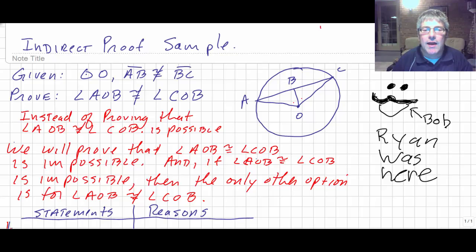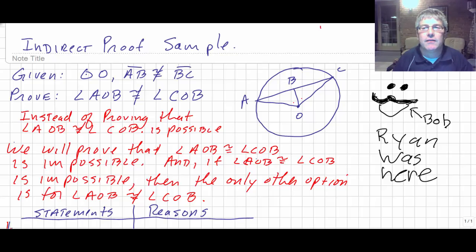But if angle AOB congruent to angle COB is impossible, then the only other option is that angle AOB is not congruent to angle COB. So we're not going to directly prove these not congruent. What we're going to prove is that it's impossible to prove them congruent. So thus we're indirectly proving what we want.